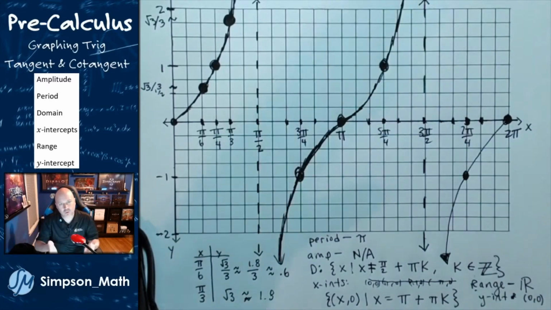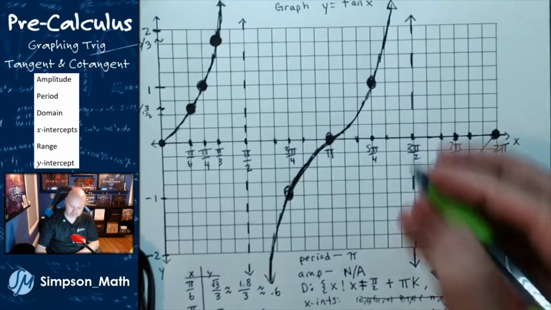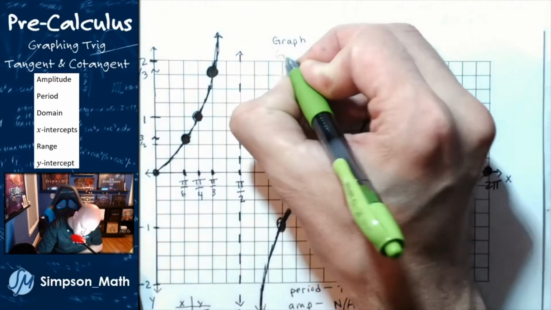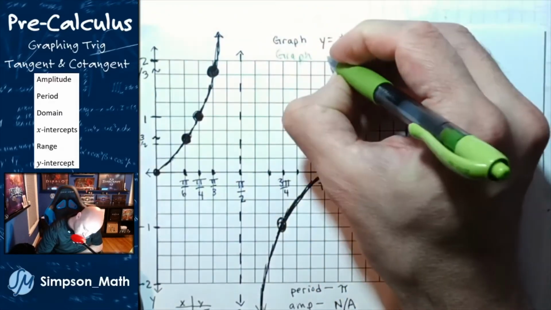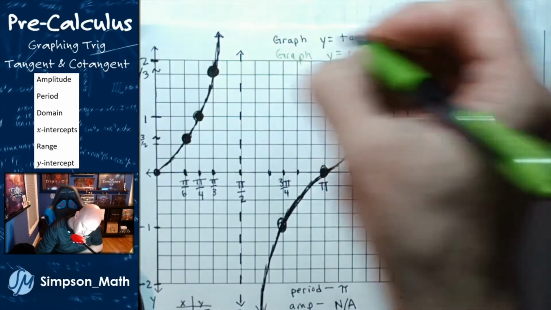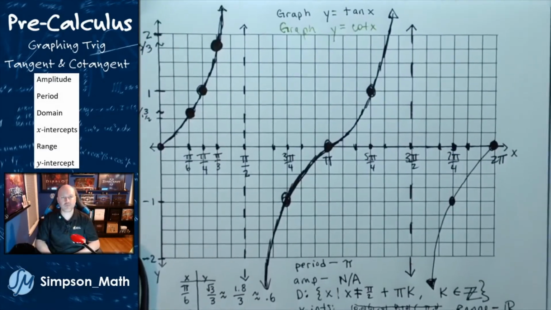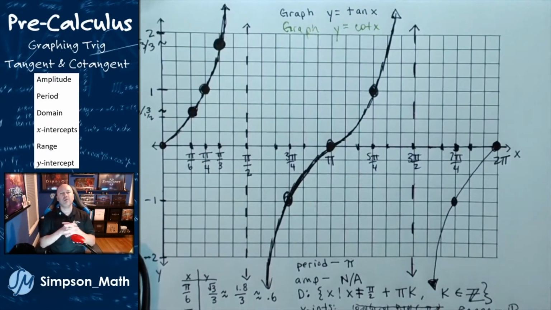Now I think cotangent might be a nice one to graph on the same graph. I'll do that in green. Now, tangent and cotangent, they are reciprocals of each other.